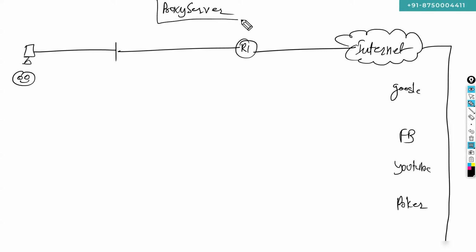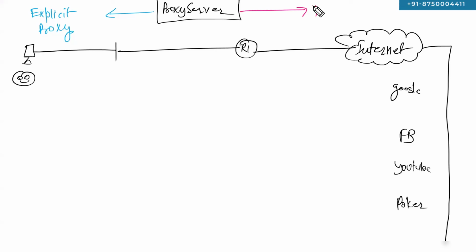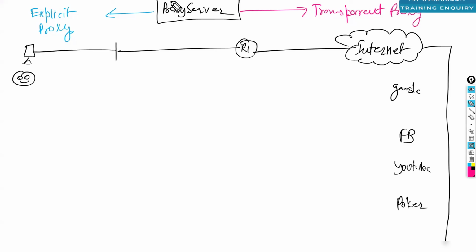We can deploy a proxy server in two ways: either in explicit proxy mode, or the second method, transparent proxy. When we deploy a proxy server, for the first method of deployment you can use explicit proxy or transparent proxy.